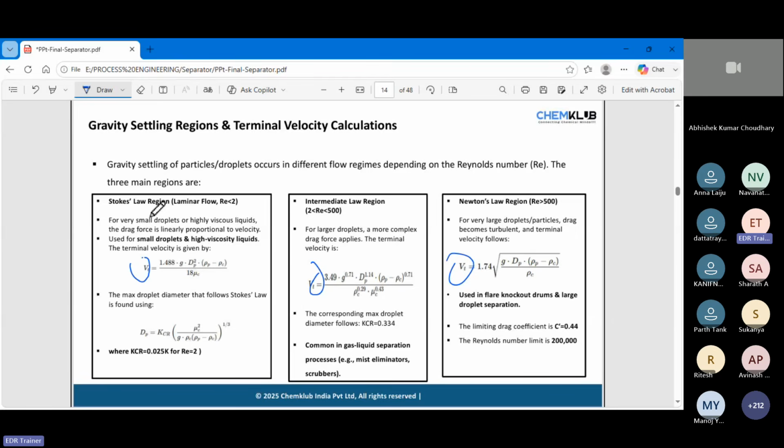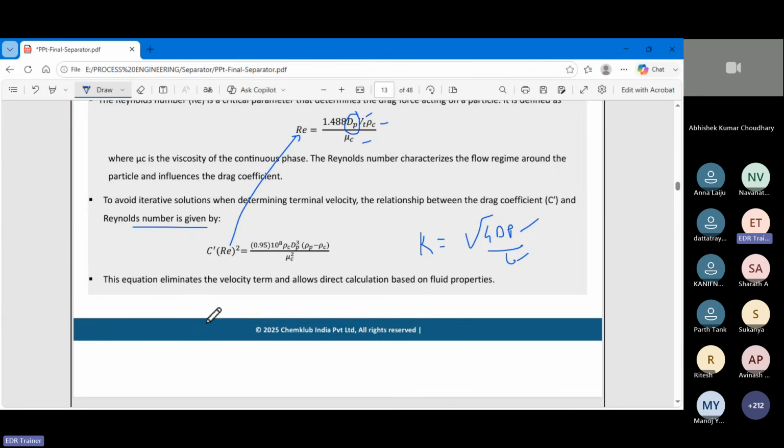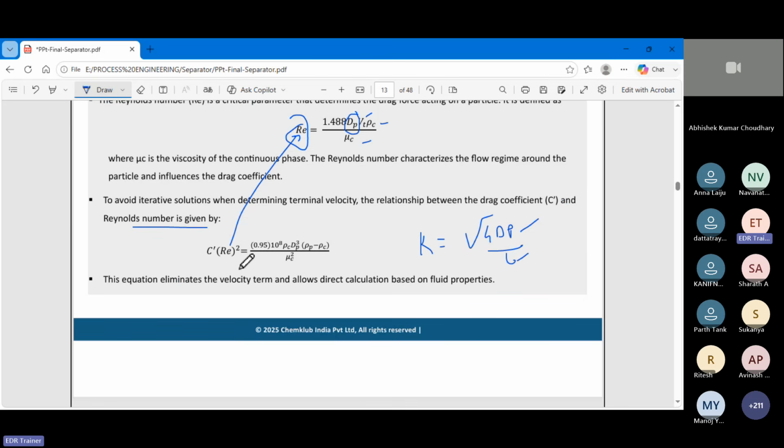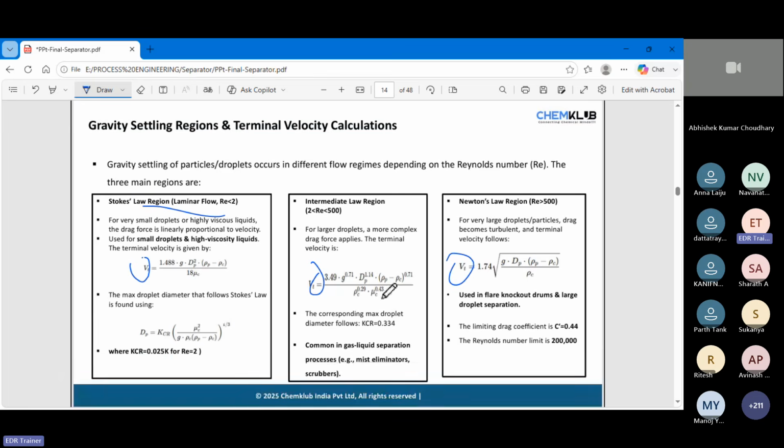If you can see the laminar flow, now for this laminar flow you have to calculate critical parameters, and then calculate the drag coefficient using these equations. According to these equations, we will get the diameter of droplet particles, the maximum droplet diameter according to Stokes law. So this is the equation for the calculated diameter of particles.